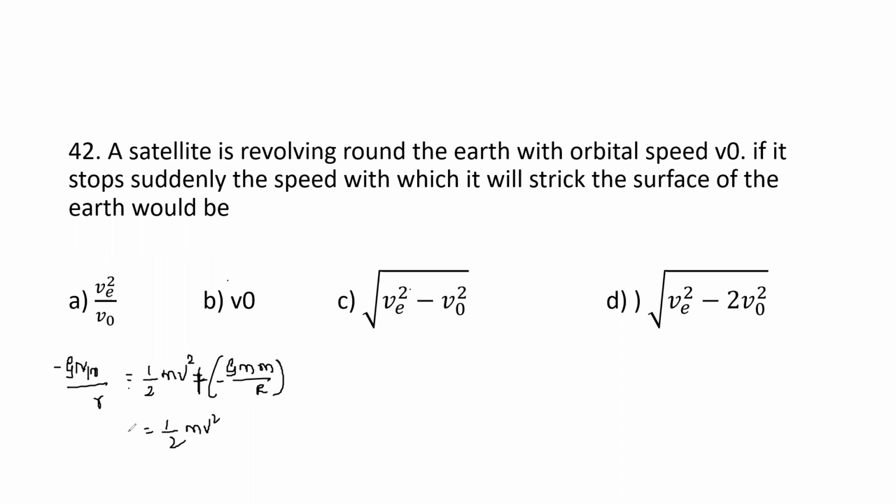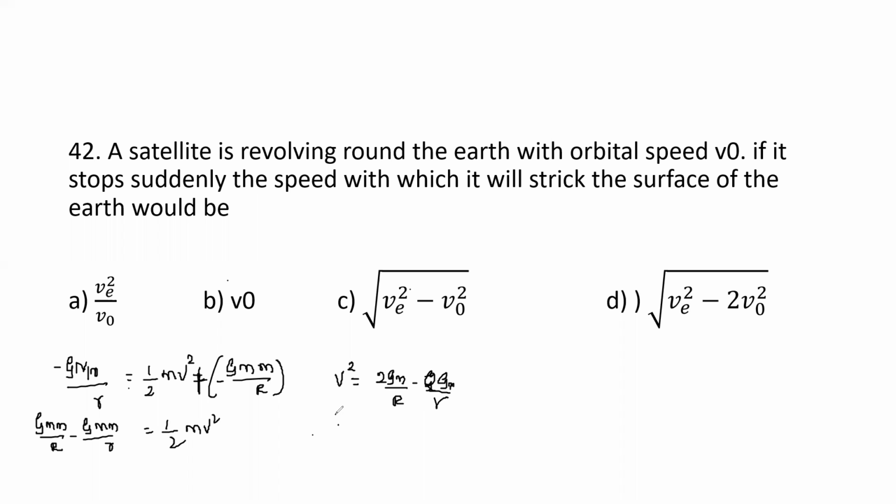If you transfer this, it becomes GMm divided by capital R minus GMm divided by small r. So I can simplify this equation for v square, which becomes 2GM divided by R minus 2GM divided by small r.